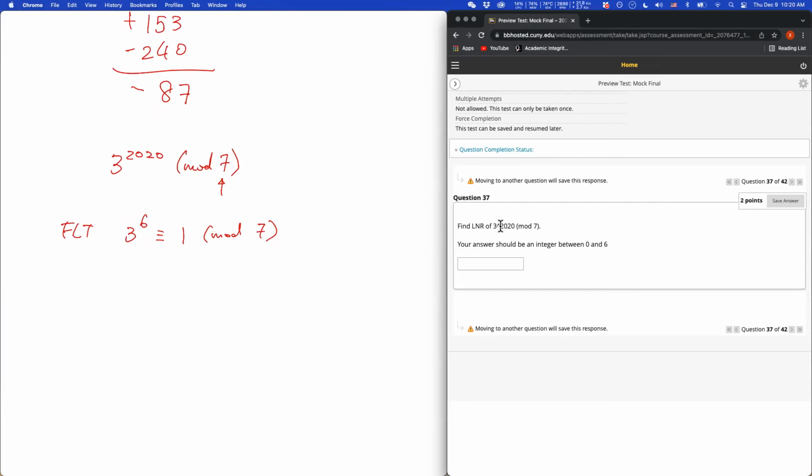So we can check. We can write 3 to the 2020 in terms of 3 to the 6, and then see how many times 6 goes into 2020.